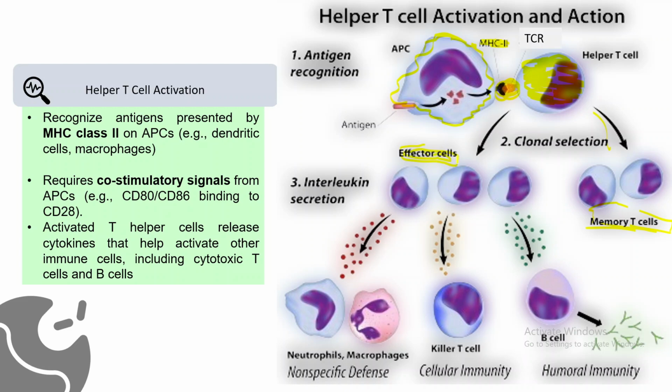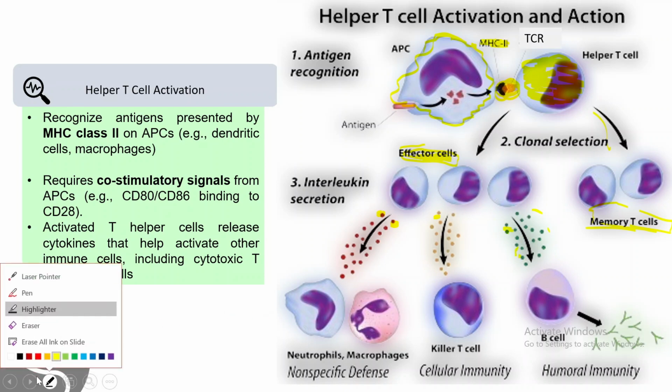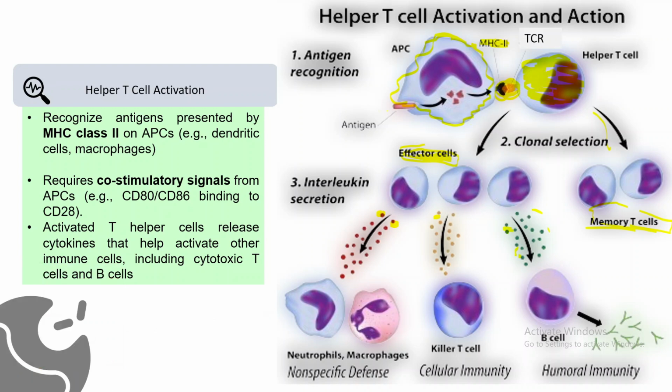Now this effector T cell, or we can say this activated helper T cell, then secretes cytokines. So here these red dots, orange dots or green dots are basically cytokines. So let me write this.